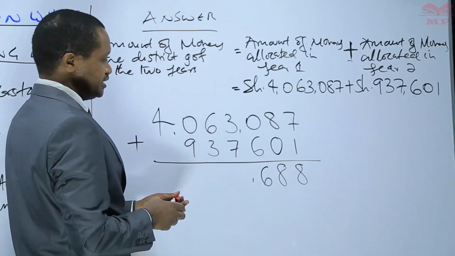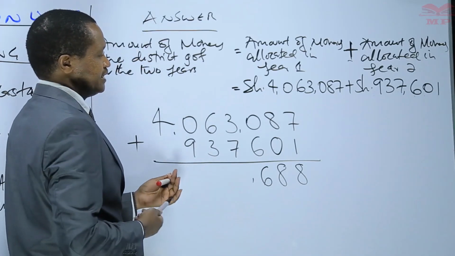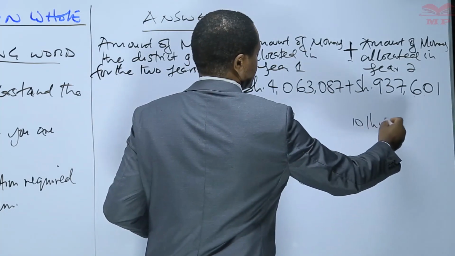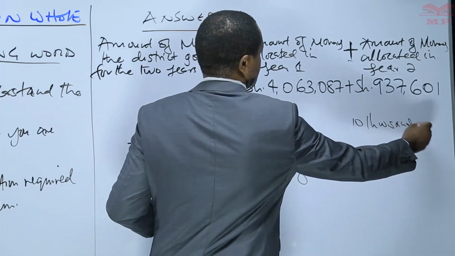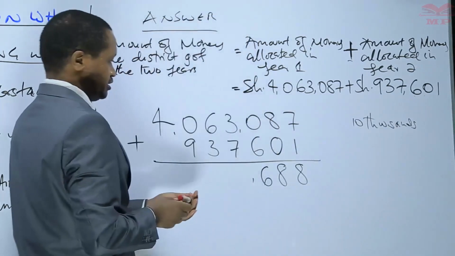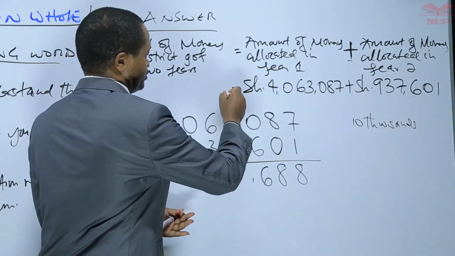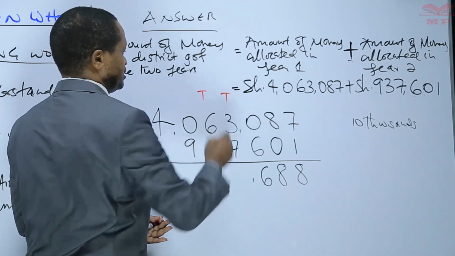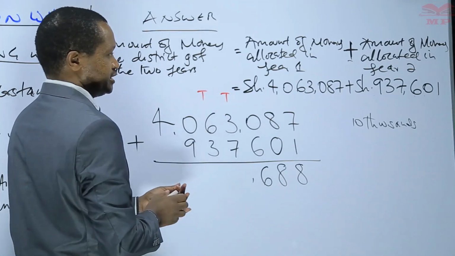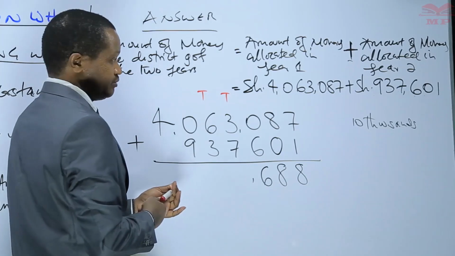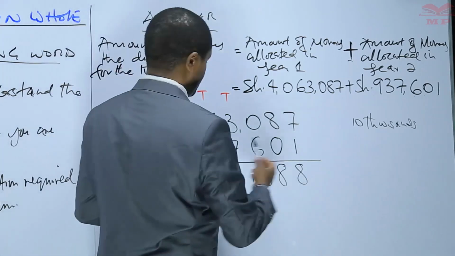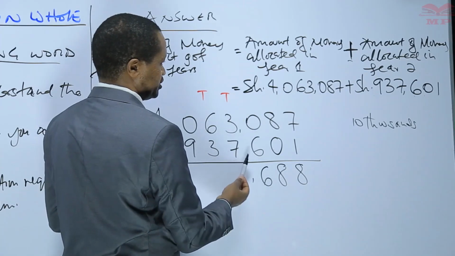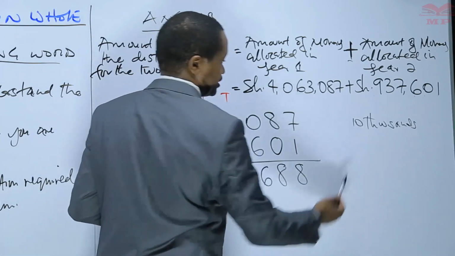That will give us 10 thousands. This is the place value of thousands. So we are going to carry 10,000, because we have 3,000 plus 7,000 is equal to 10,000.